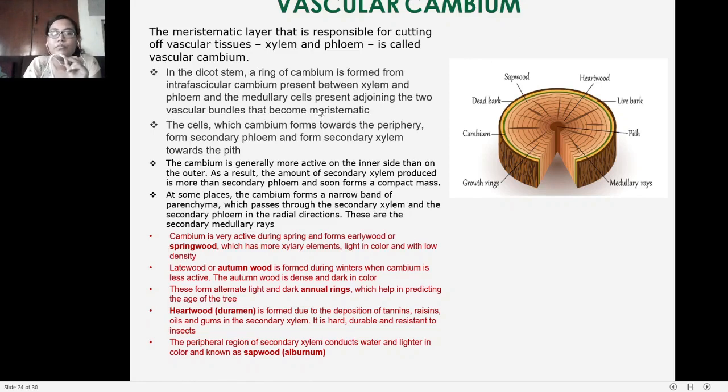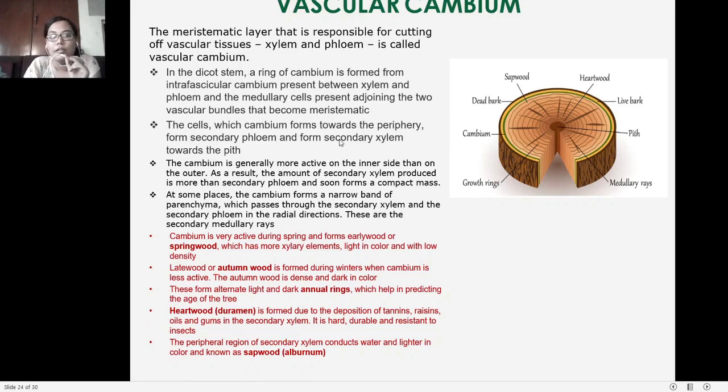These medullary rays and the intrafascicular cambium all go together and form a round ring like this.